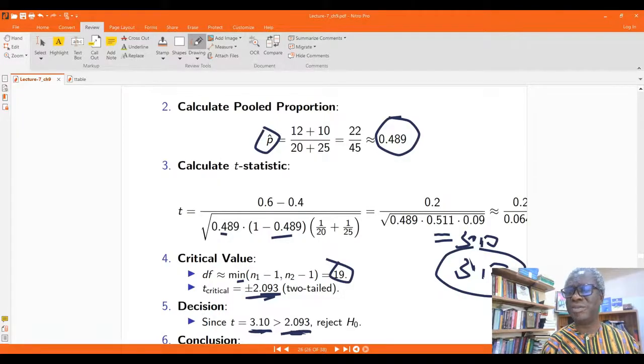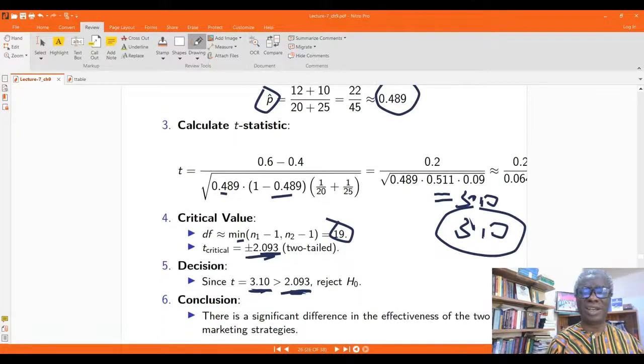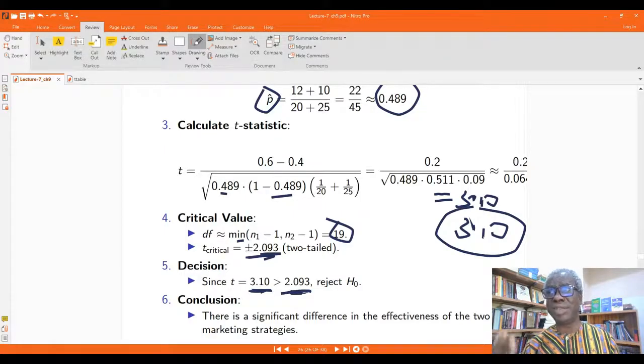And the conclusion now is that the effectiveness of the two marketing strategies are significantly different. So marketing strategy A is different from marketing strategy B.